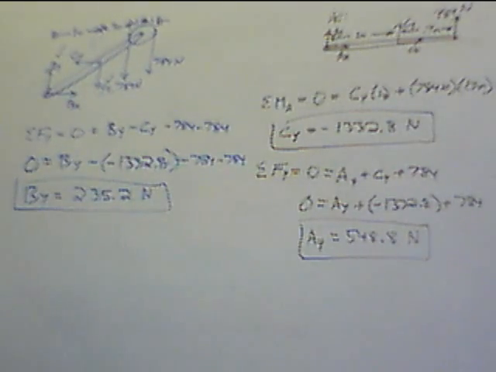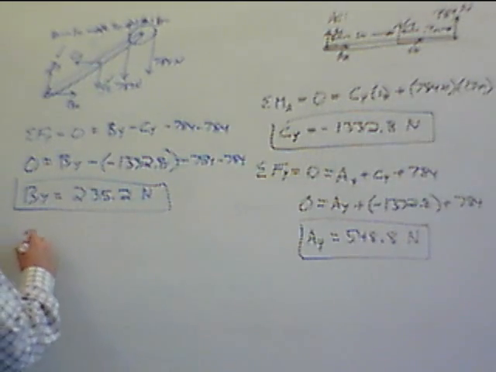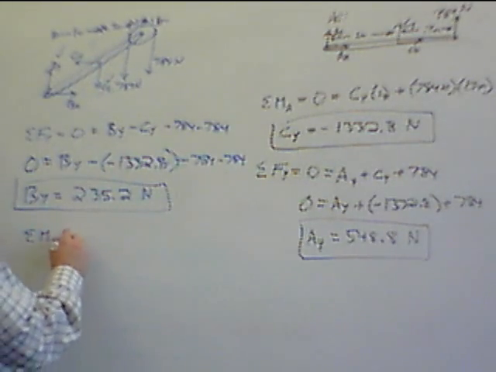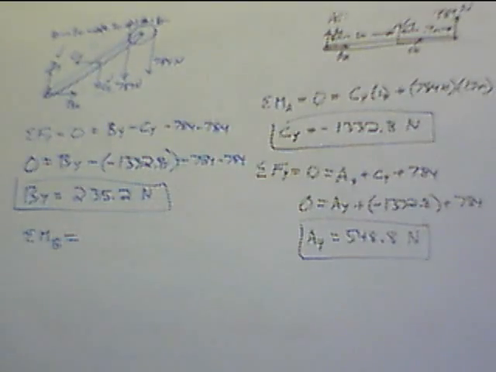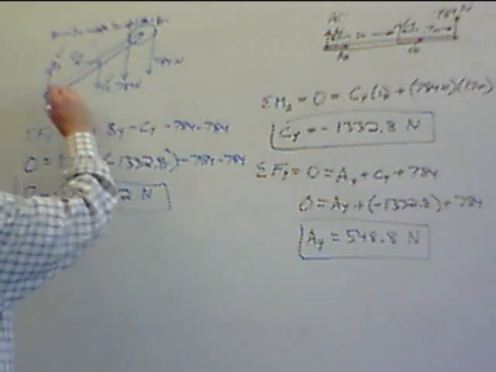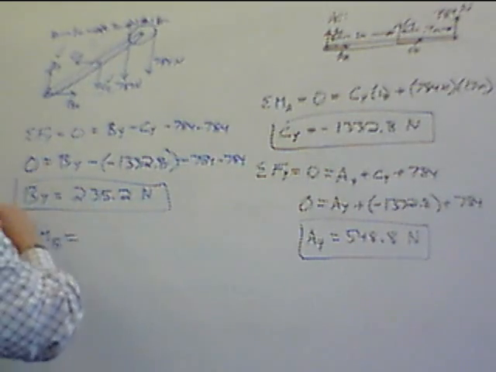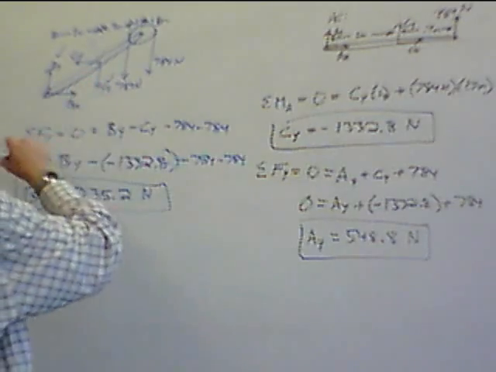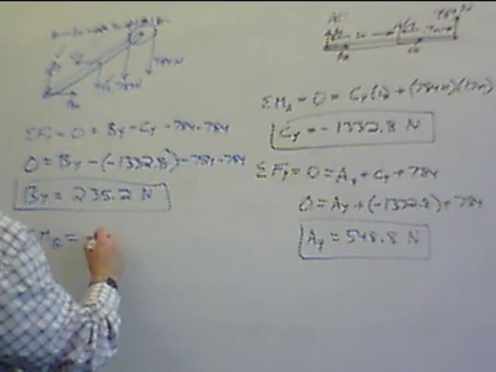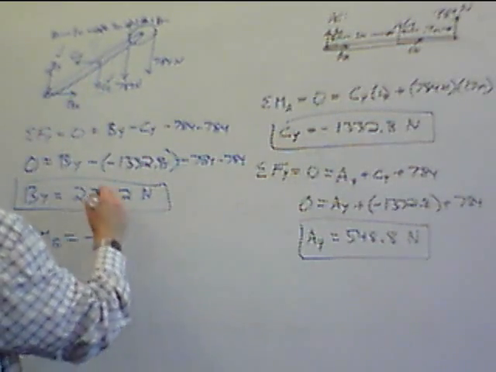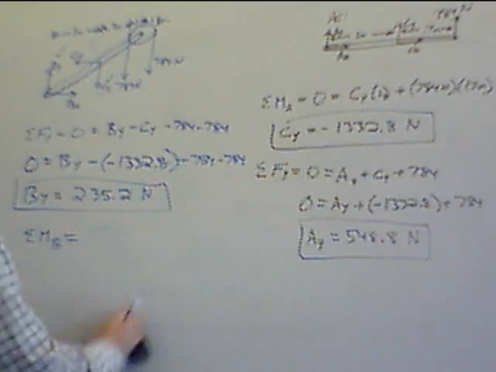So I'm going to take what seems to me to make the most sense, summation of moment about B. The Y components here are going to be fairly easy. So we have a moment about B for CY is going to go clockwise, so that's minus CY times, well, the whole thing equals 0, obviously.